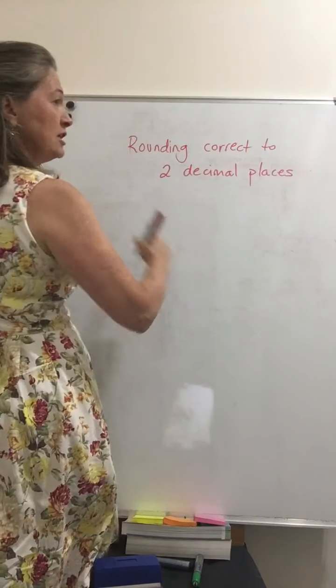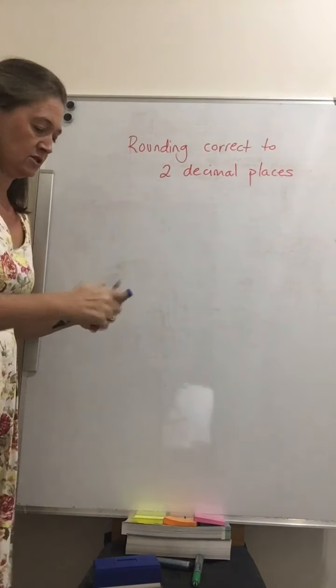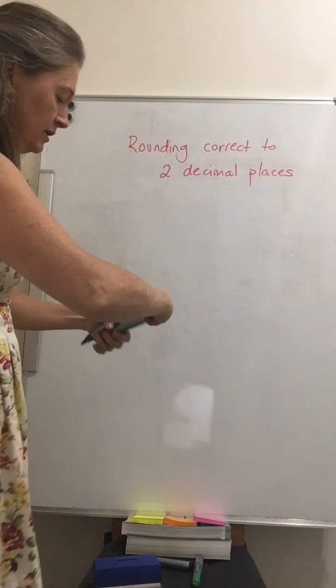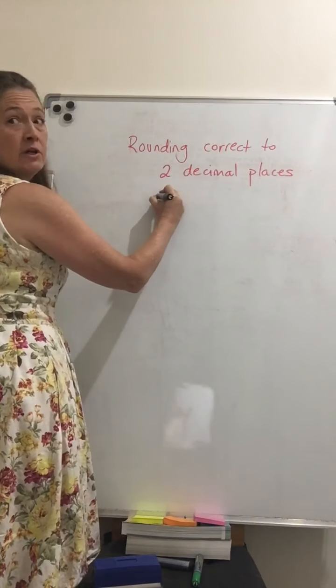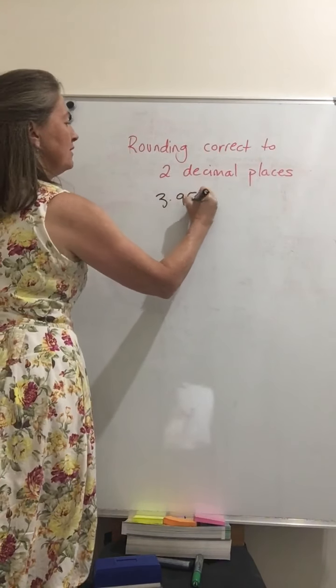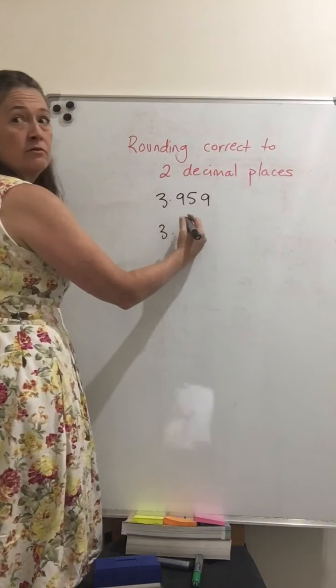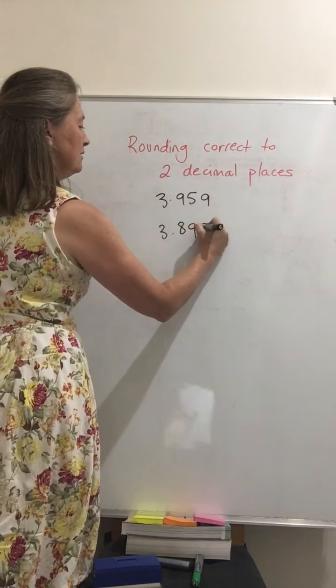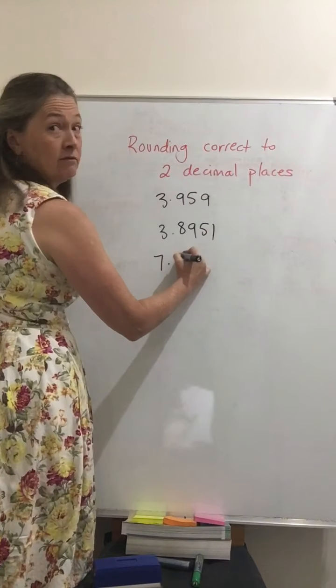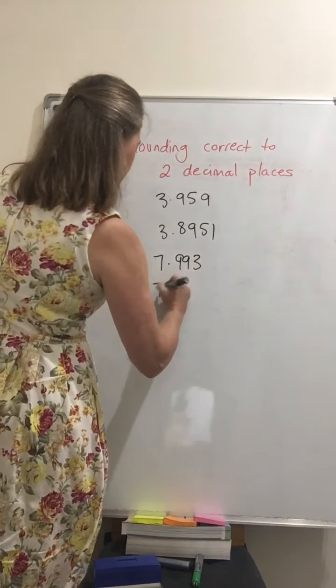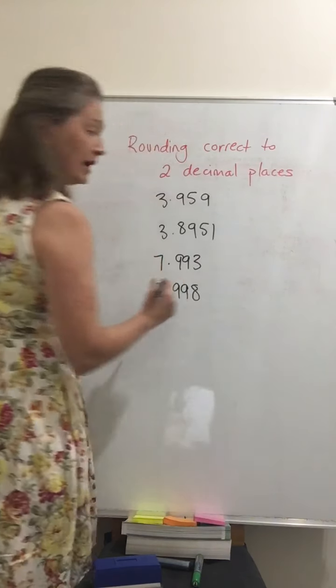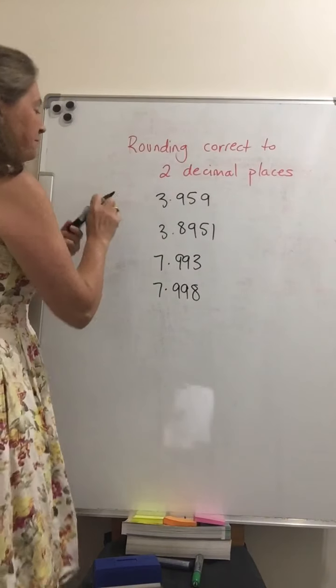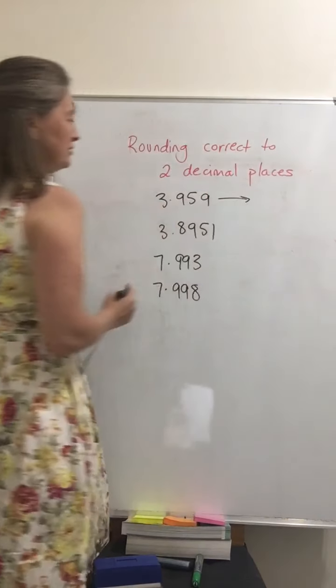So we're going to be interested in the guy next door in the thousands column. We're going to have a look at 4 questions. We're going to do 3.959, then we're going to do 3.8951, and 7.993, and 7.998.